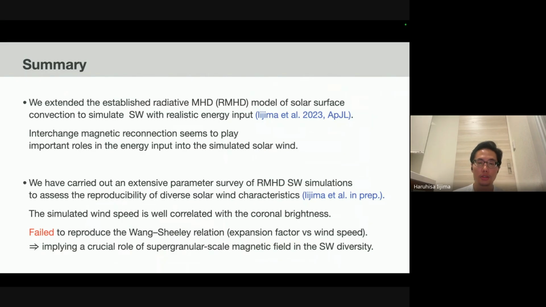The simulated wind speed is well correlated with the coronal brightness, and we failed to reproduce the Wan-Shelley relation, which implies that there exists a crucial role of the supergranular scale magnetic field in the solar wind diversity.